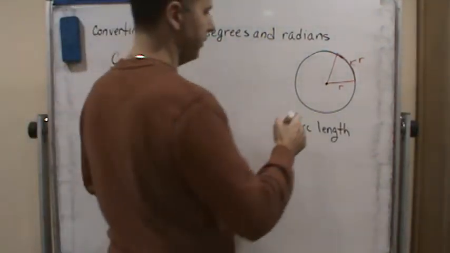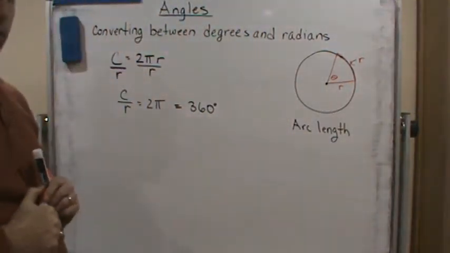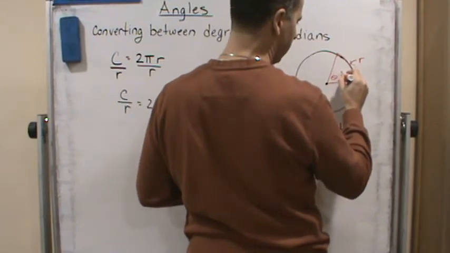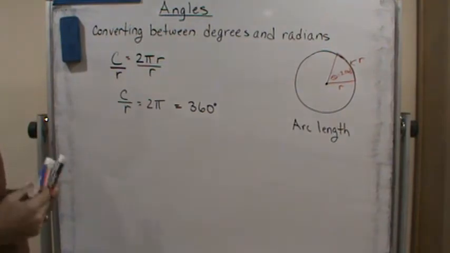And the measurement of the central angle is equal to 1 radian.